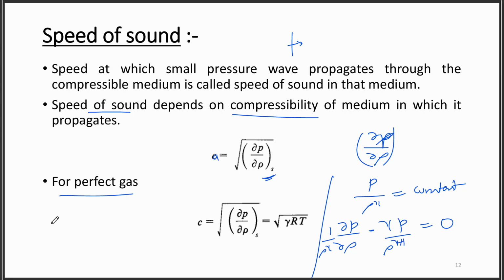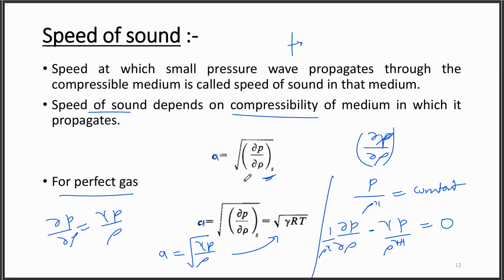So this we can get dou p upon dou rho equal to gamma p upon rho. So if we substitute it here, we'll get a equal to under root gamma p upon rho, and this p upon rho is nothing but RT. So we'll get a equal to under root gamma RT. These relations are very important, which will be used in many places. So it is advised to remember all these formulas.